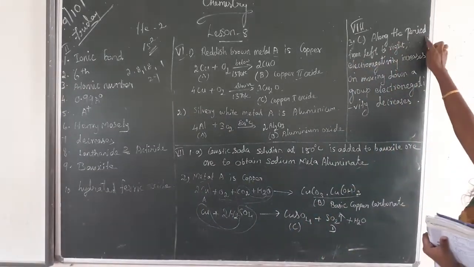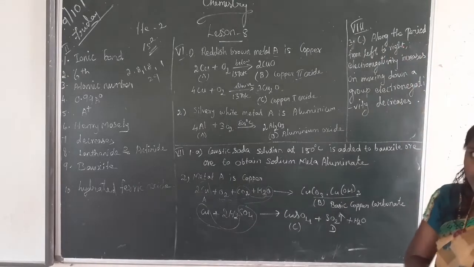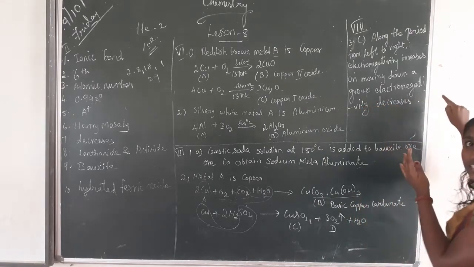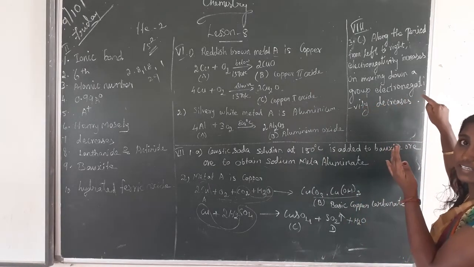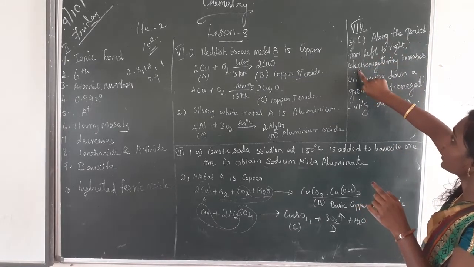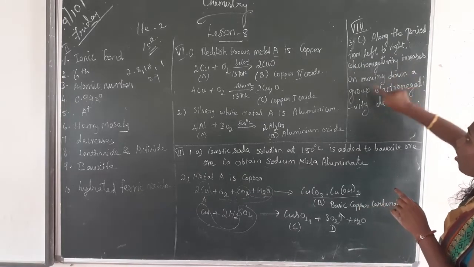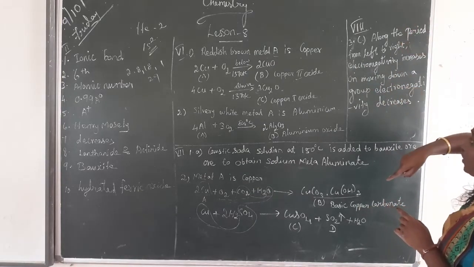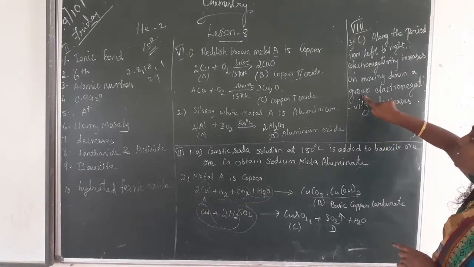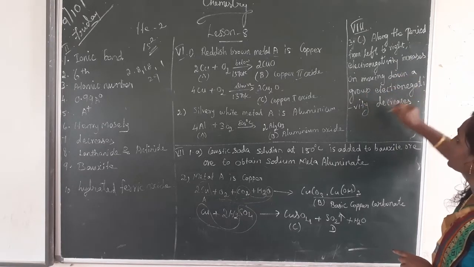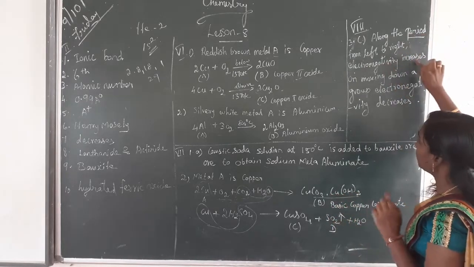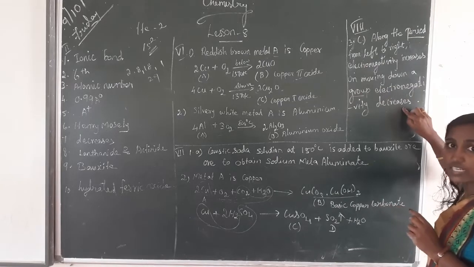Along the period from left to right in the periodic table, the electronegativity increases. On moving top to bottom, that means group, the electronegativity decreases. Left to right means period, top to bottom means group. So simply note it: period, electronegativity increases; group, electronegativity decreases.